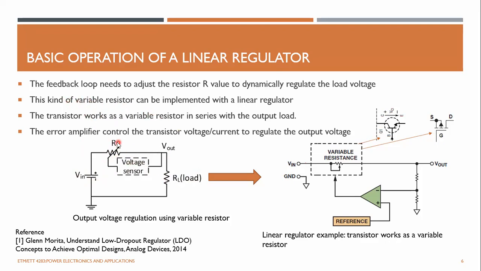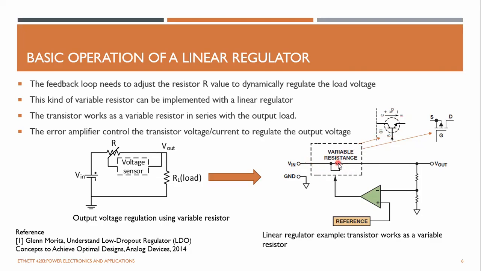This variable resistor, I will show you what it looks like. This is the concept of a linear regulator, and this is what is really implemented inside it. As a variable resistor, you can use a transistor or MOSFET running in amplifier mode, not as a switch.